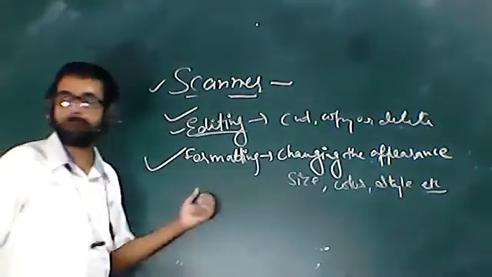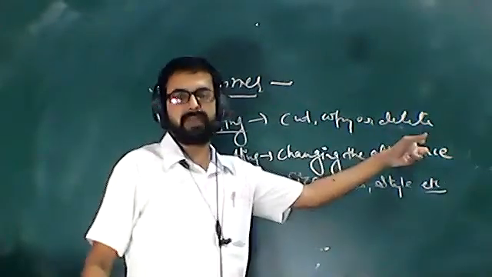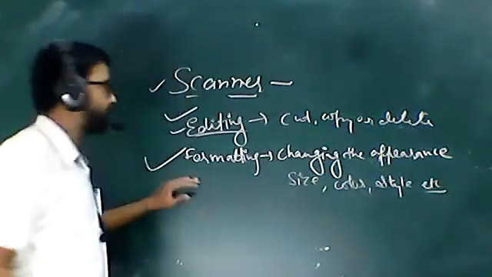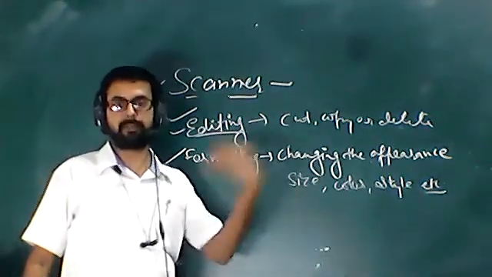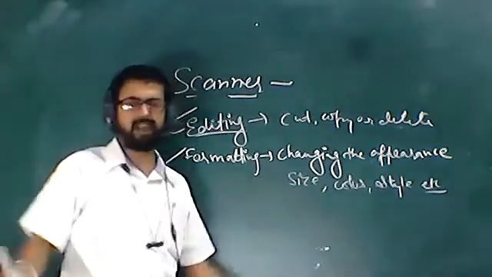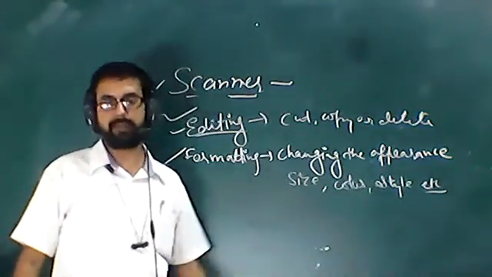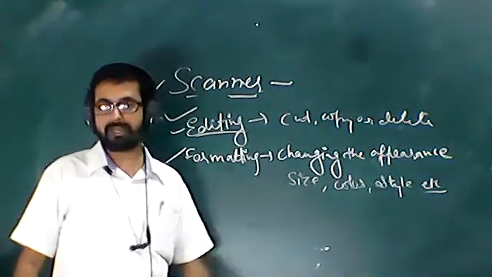Editing in the sense of cut, copy, paste or delete. And formatting means changing the appearance of your text or picture, by changing the size, color, style, and many other formatting features we can use in our scanned text or image.